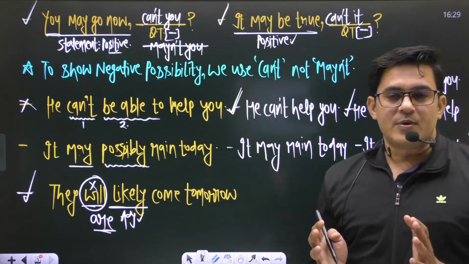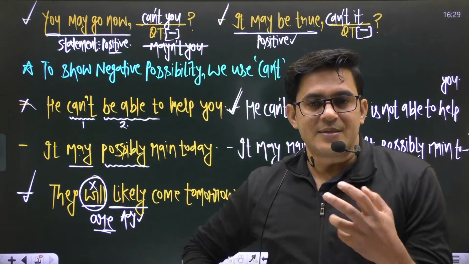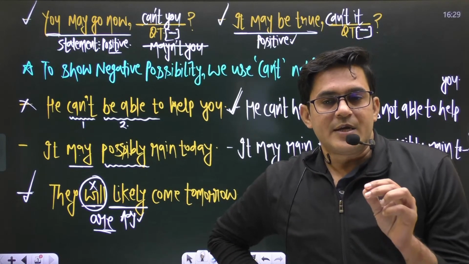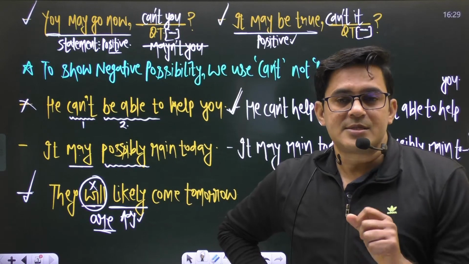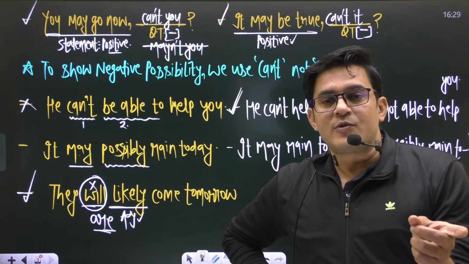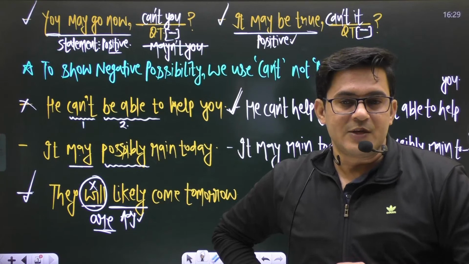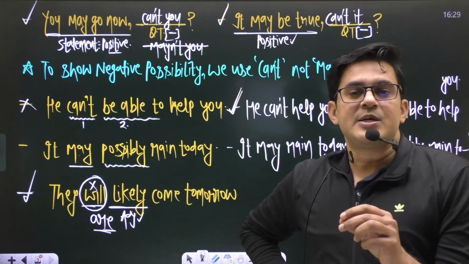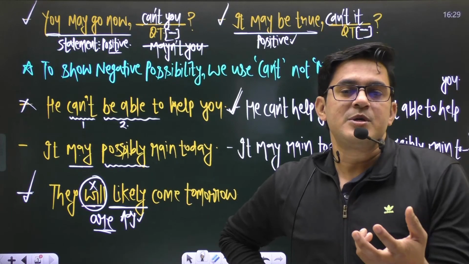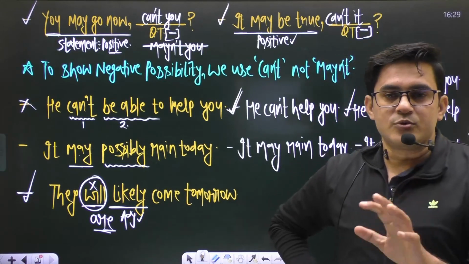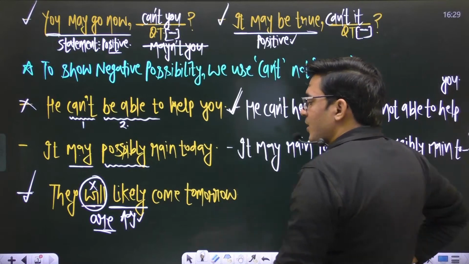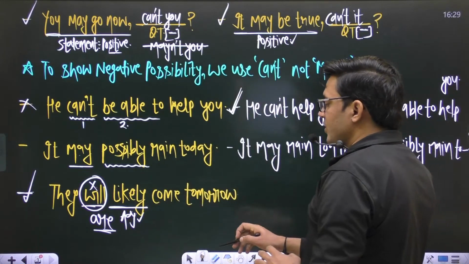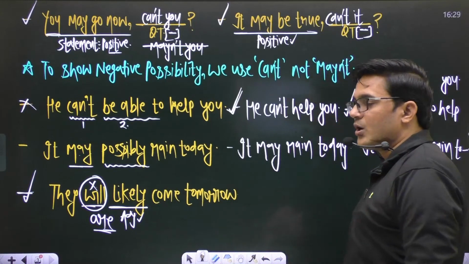And what is the reason behind this improvement? I said the word likely is an adjective. It is a complement in the sentence, and a complement is never preceded by any modal auxiliary verb. We need a linking verb or a form of be base verb, and after the form of be base verb we use a complement, we use an adjective. So the sentence will be like, they are likely to come tomorrow. And by this method we can show possibility.